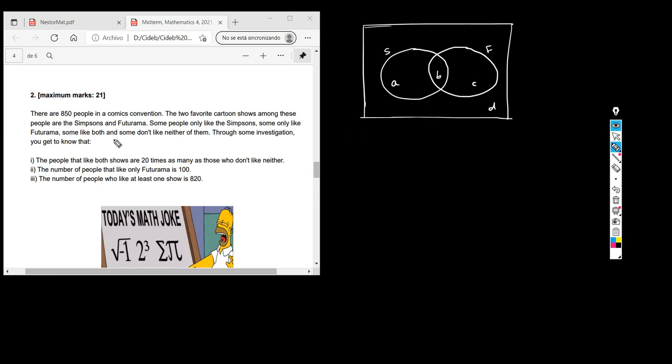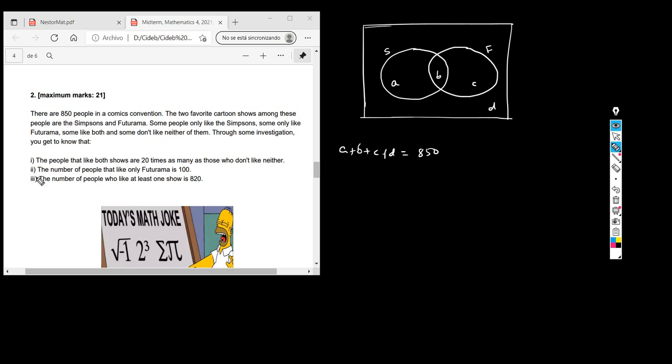So what do we know from the start? We know that the sum of these 4 numbers, A plus B plus C plus D, should be equal to 850. Okay, what else do we know?